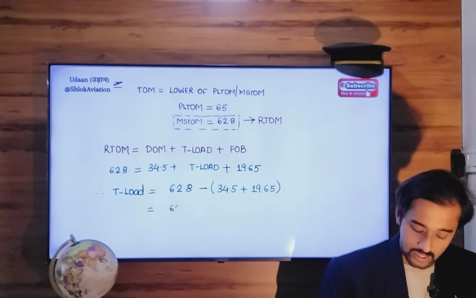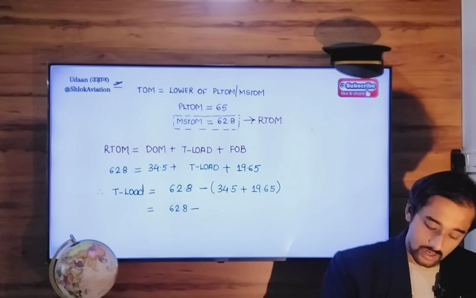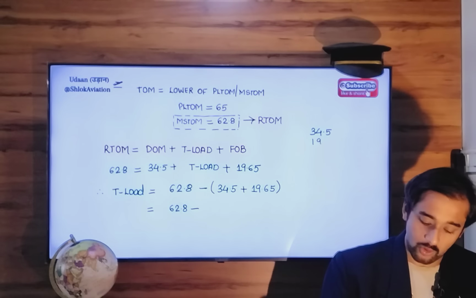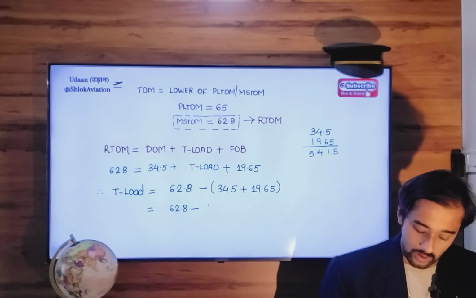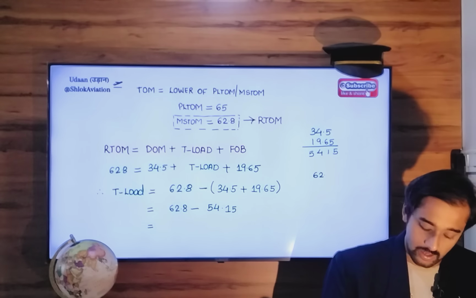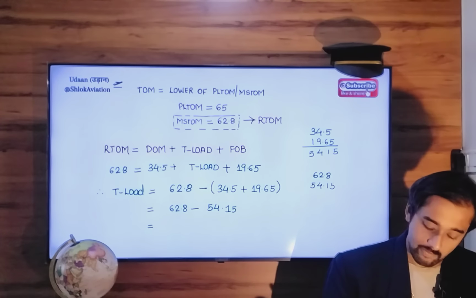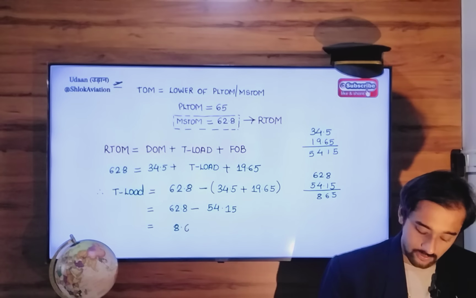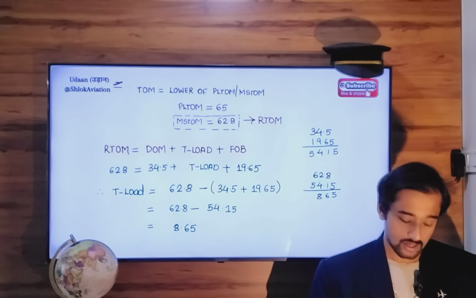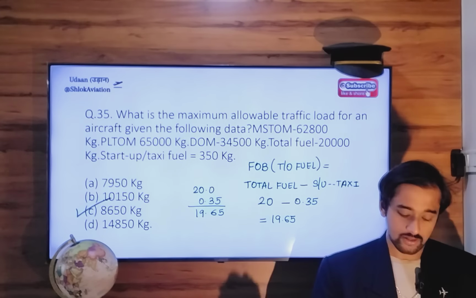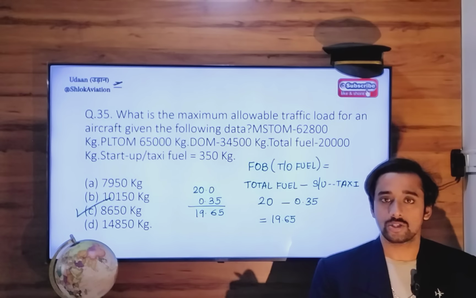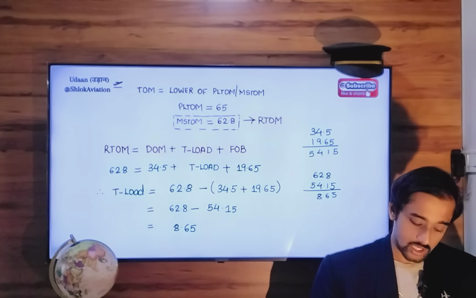So 34.5 plus 19.65 is 54.15. 62.8 minus 54.15 will be equal to 8.65, 8,650 kg. So the correct option will be option Charlie. Okay, 8,650 kg is your payload or traffic load. So this is how you do this sum, question number 35.